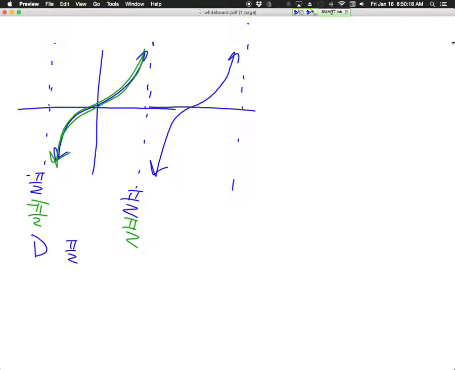Now, if you remember, isn't that the domain of sine that I used? But there's one slight difference between the domain of sine and the domain of this tangent. What's the slight difference?